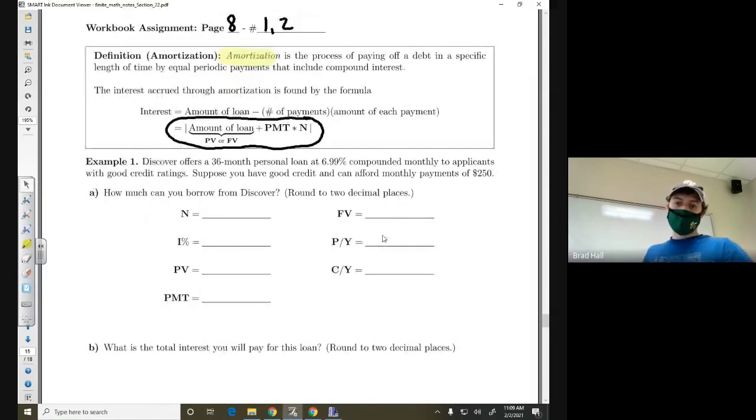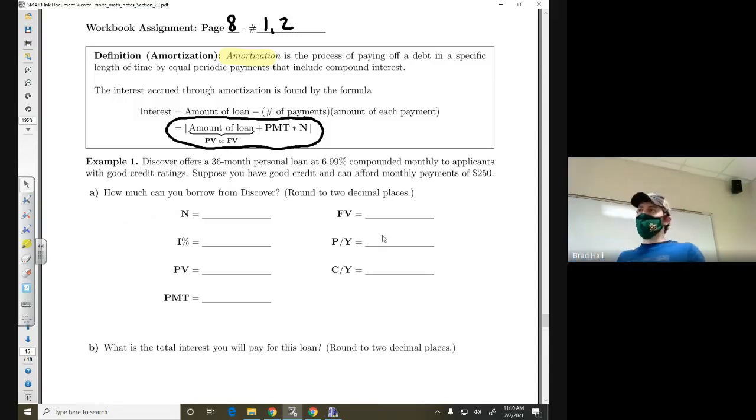So from here, let's move on to example 1. Now, I went online and saw that Discover offers a 36-month personal loan at 6.99% compounded monthly to applicants with good credit ratings. So practically speaking, it's a much better interest rate than other places, or if you have bad credit.